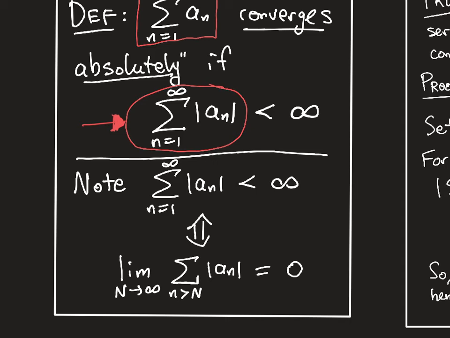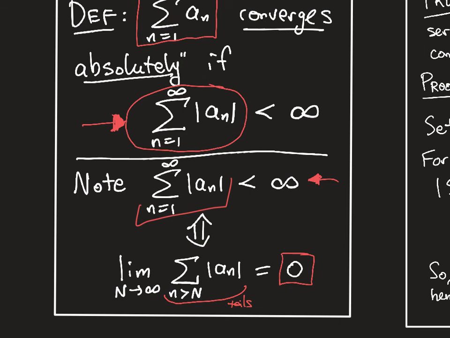Recall that this sum here is finite if and only if its tails tend to 0. This is basically just a consequence of the fact that the partial sums increase to the limit of the series.